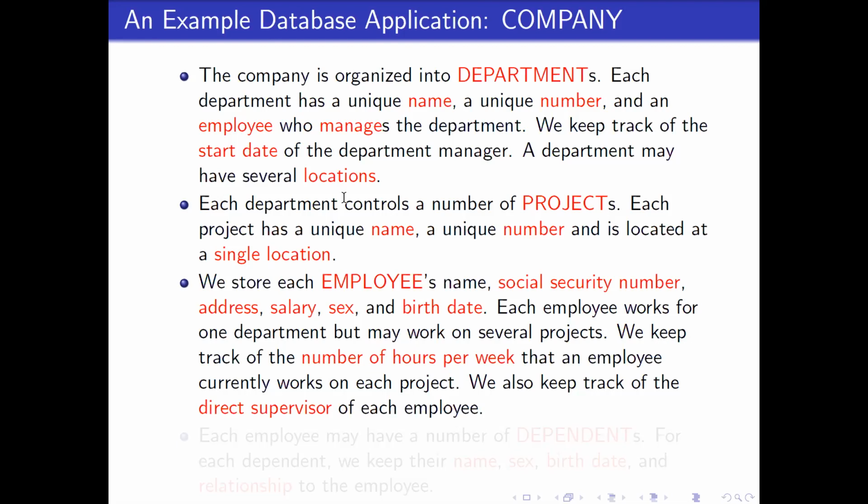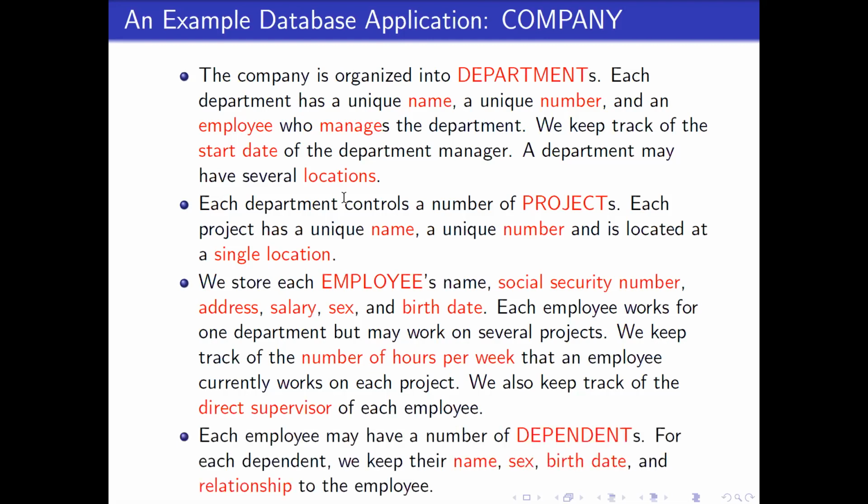We keep track of the number of hours per week an employee currently works on each project, and the direct supervisor of each employee. Finally, we also keep track of employees' dependents, including the dependent's name, sex, birth date, and relationship to the employee. So here is the whole description about the company.